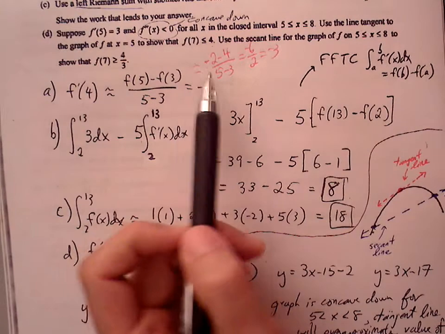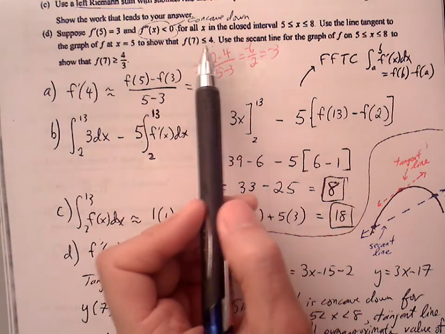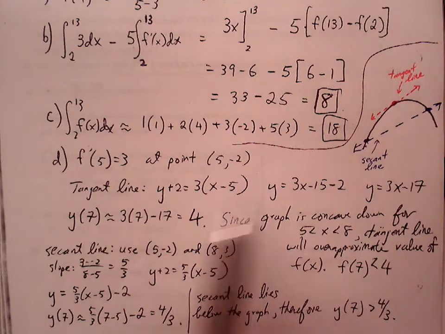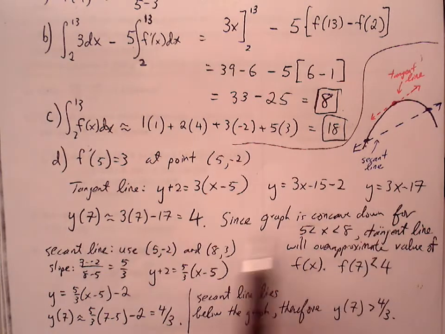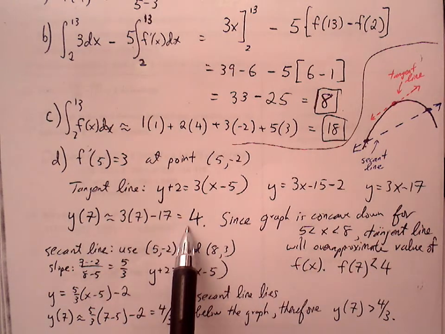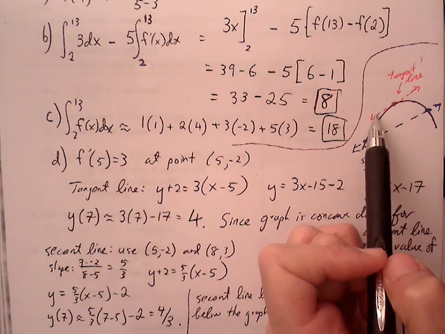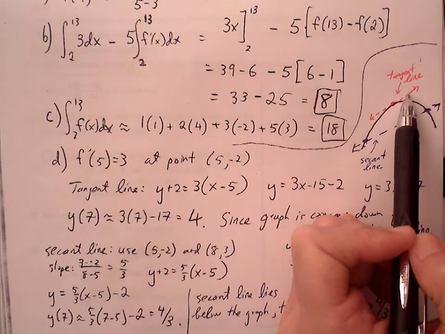And we're going to plug 7 into that tangent line and see what we get. So if we plug 7 into that tangent line, we get 3 times 7, which is 21, minus 17, which is 4. So the tangent line has a y value of 4 at x equals 7.